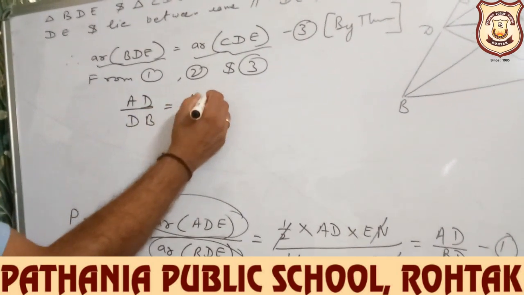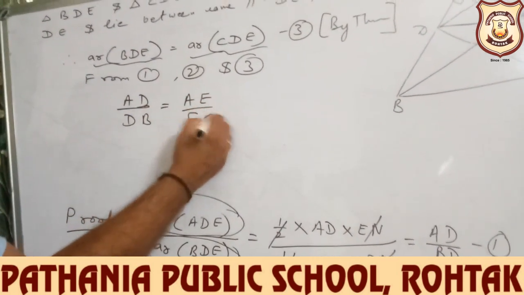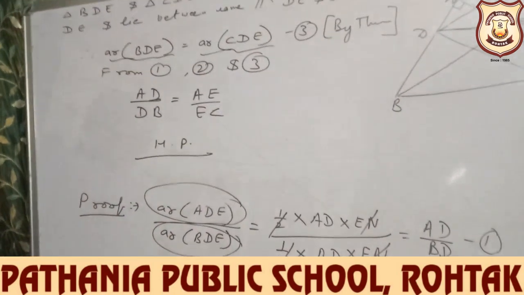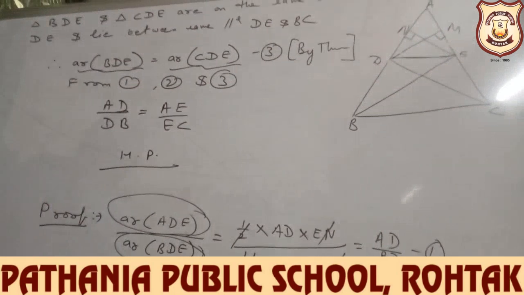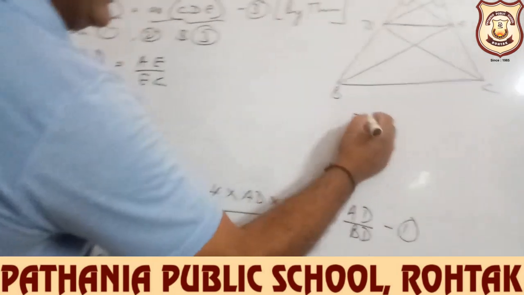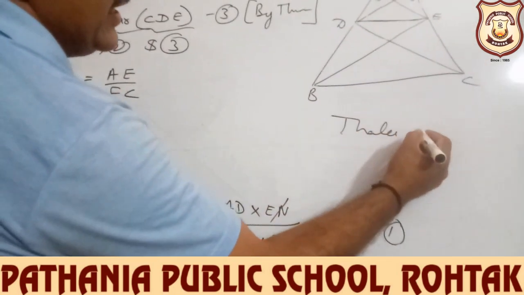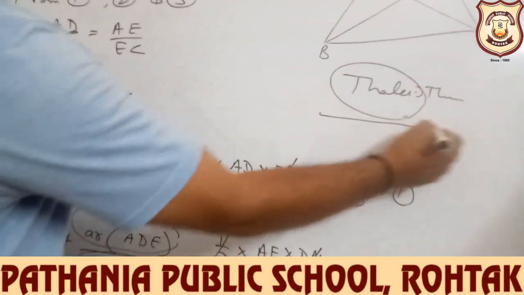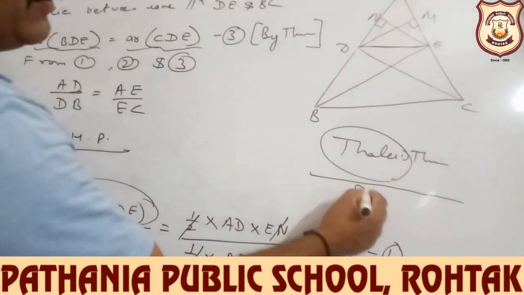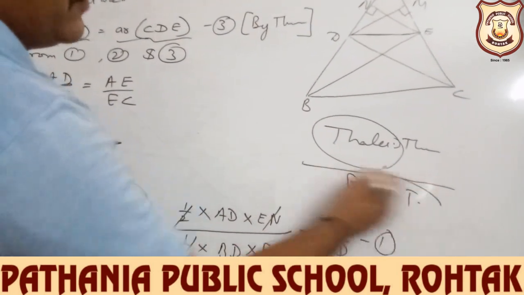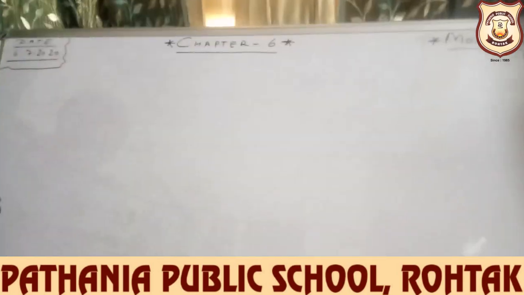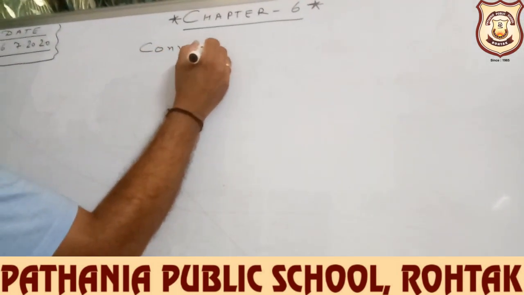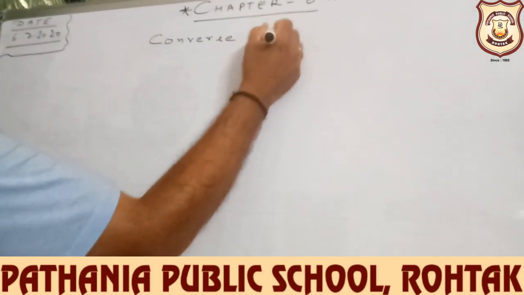From first, second and third, you can write AD upon DB equal to AE upon EC. Hence it is proved. This theorem is also known as Thales theorem. The mathematician Thales discovered this theorem, BPT. It's very important.